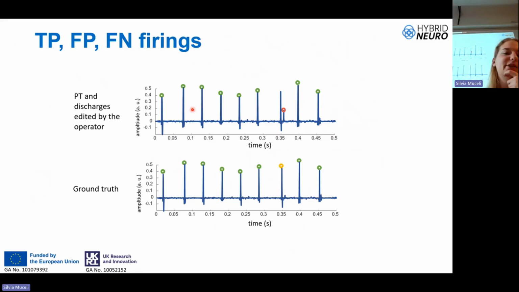We can see that those firings that are the same in both cases are acknowledged as true positive firings. Here we have a false positive firing because it shouldn't be denoted, as we can see in the ground truth. And here we have a false negative firing because it should be denoted, but it actually is not.